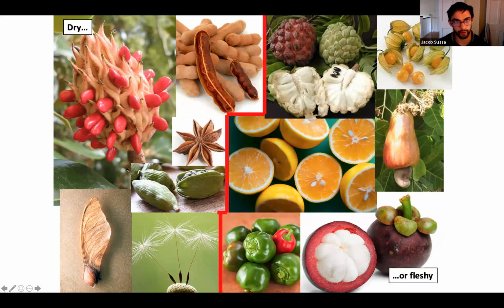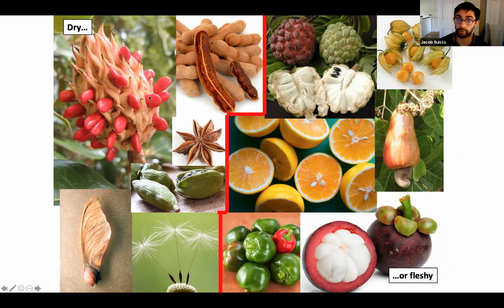Well, great segue. So fruits can either be dry or fleshy. Fleshy fruits are something we think about a little more just because we eat oranges and peppers and bananas and raspberries and strawberries and tomatoes and things like that. But there are many, many fruits.